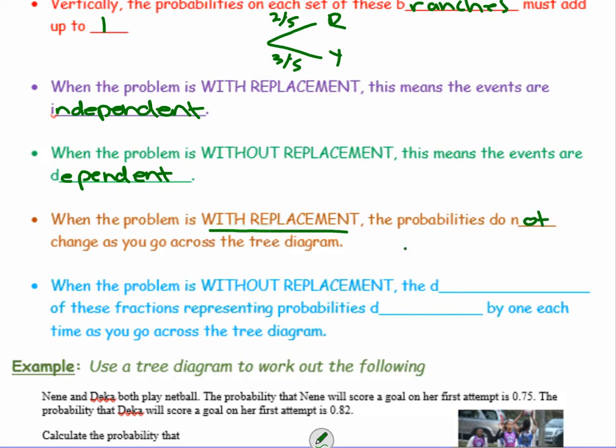So he might have had red, yellow, and so on. If it was 2/5 here, it remains 2/5 here for red. And if it was 3/5 here for yellow, it remains 3/5 here for yellow. When the problem is without replacement, the something of these fractions, these little fractions representing the probabilities, something by 1 each time as you go across the tree diagram. So it's the denominators of these fractions representing probabilities that decrease.